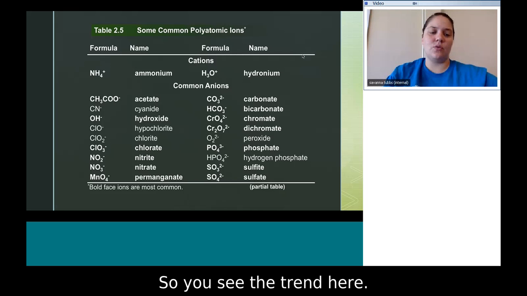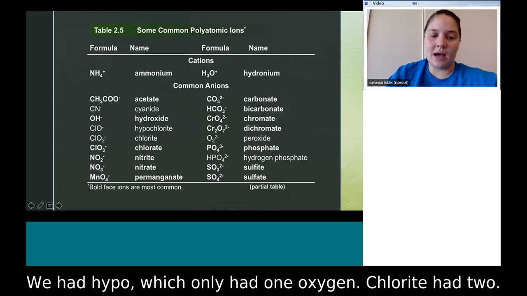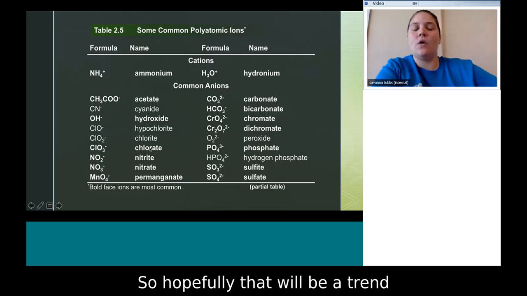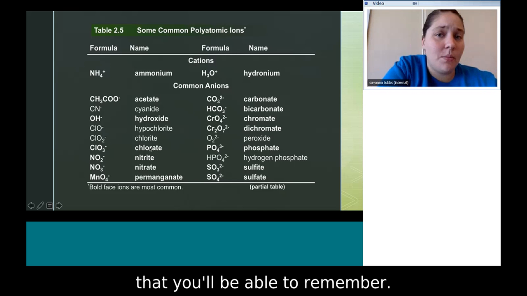So you see the trend here. Hypo had only 1 oxygen, chlorite had 2, chlorate had 3. Hopefully that will be a trend that you'll be able to remember.